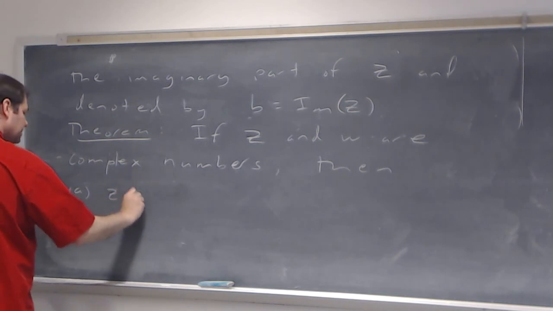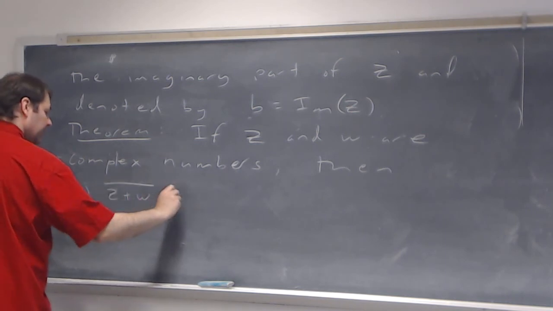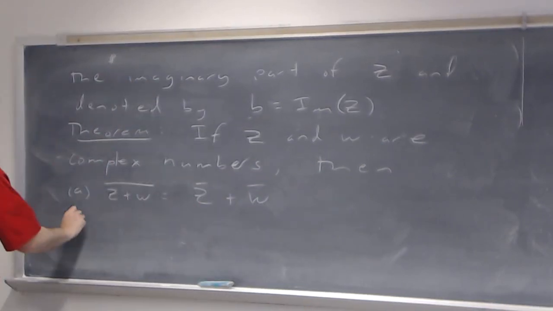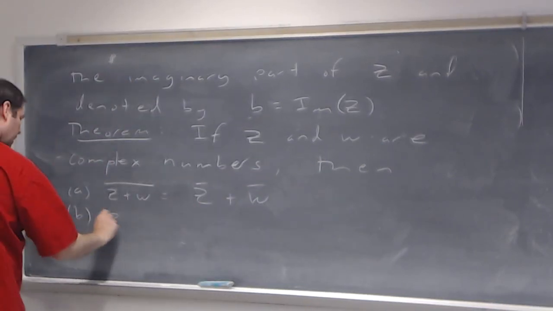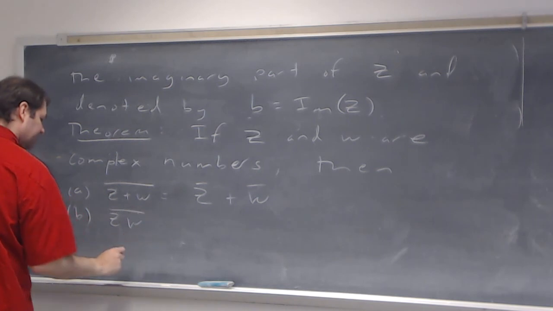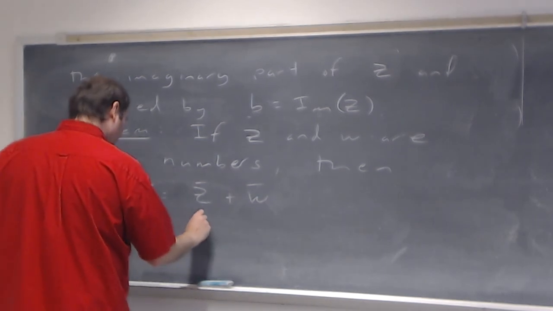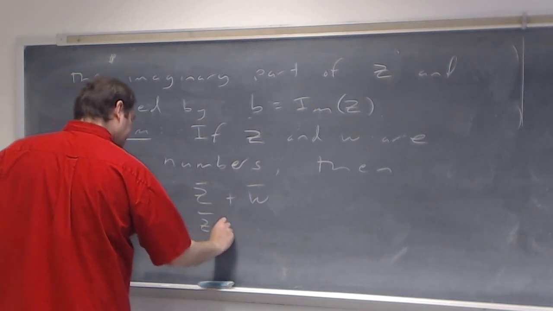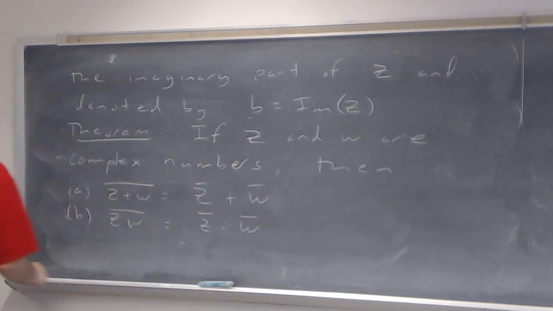If you take Z plus W and then take its conjugate, that's the same thing as the conjugate of Z plus the conjugate of W. Part B, if you multiply Z times W and take its conjugate, that's going to be equal to Z conjugate times W conjugate. That's nice.